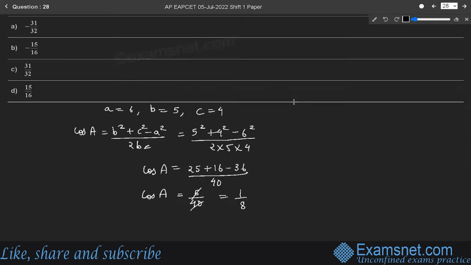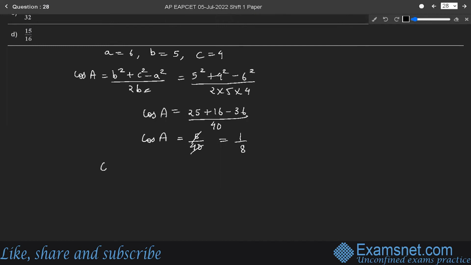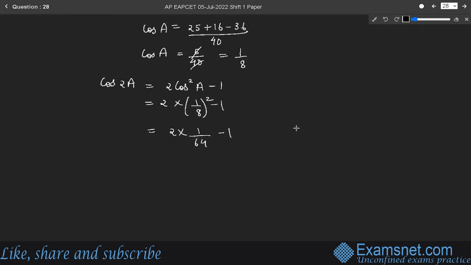We have to calculate cos 2A. We know that cos 2A is equal to 2 cos square A minus 1. On substituting the value for cos A here, it will be 2 into cos square A means (1 upon 8) square minus 1. So it will be equal to 2 into 1 upon 64 minus 1. 2 and 64 will be cancelled.